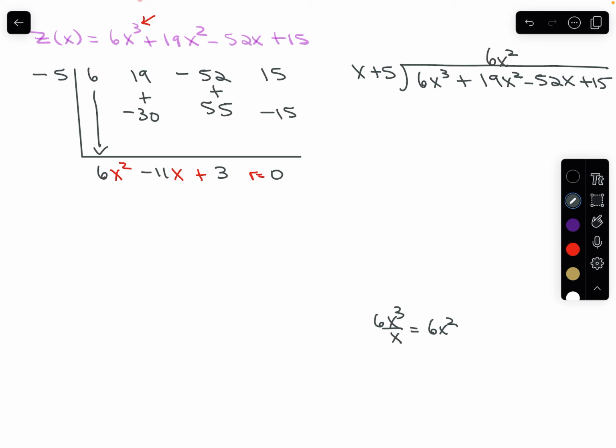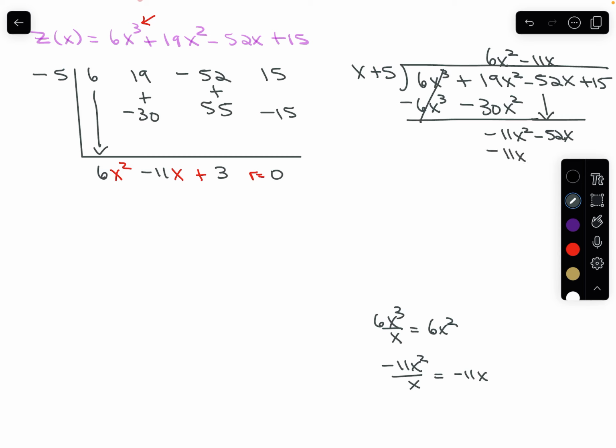I'm going to multiply back. 6x squared times x is 6x to the third. 6x squared times 5 is 30x squared. Change my signs. I get -11x squared. Bring down the -52x. I'm going to take -11x squared and divide it by x, and I get -11x.